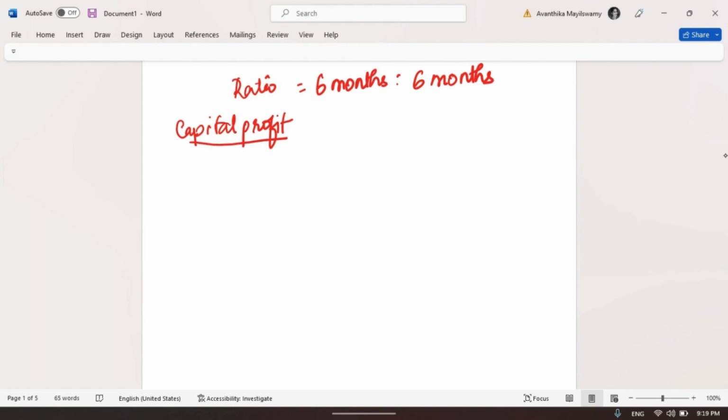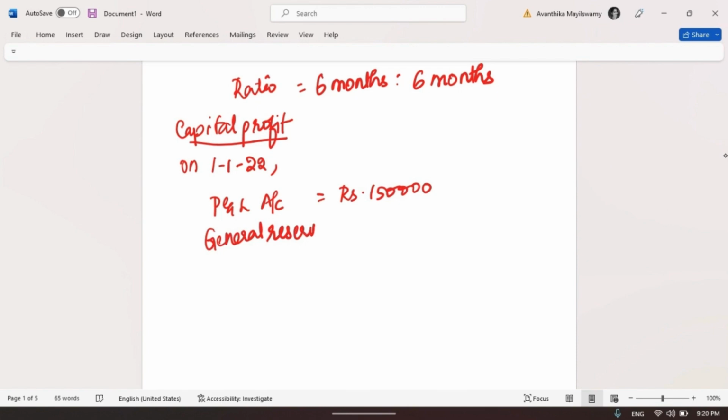So we have in hand on 1/1/2022 the P&L equal to rupees 1,50,000, which obviously contributes to the capital profit, and also the general reserve equal to rupees 1,60,000. So these two items obviously contribute to your capital profit.